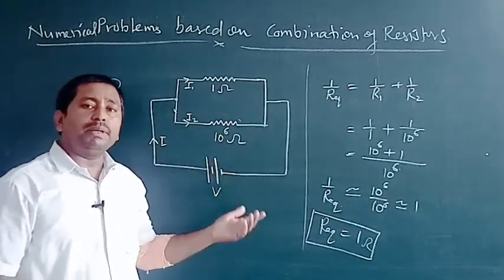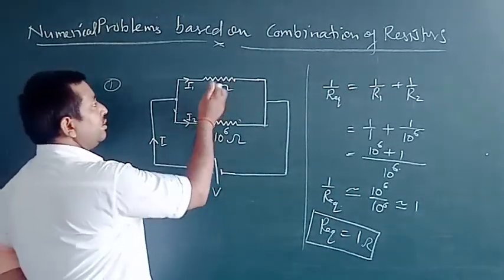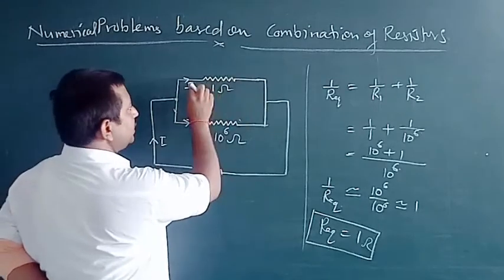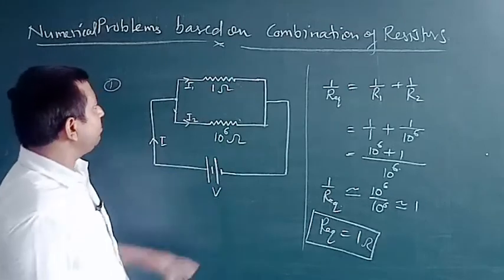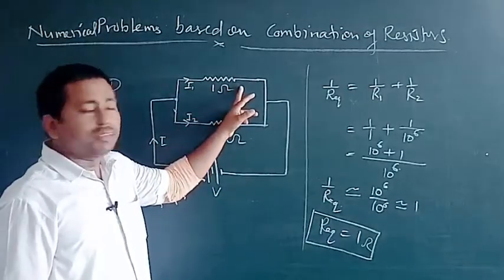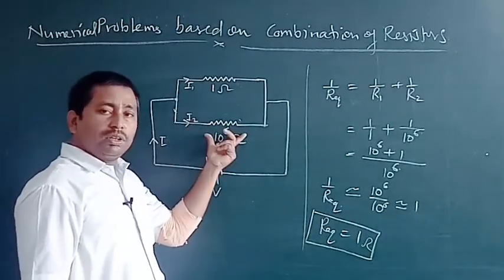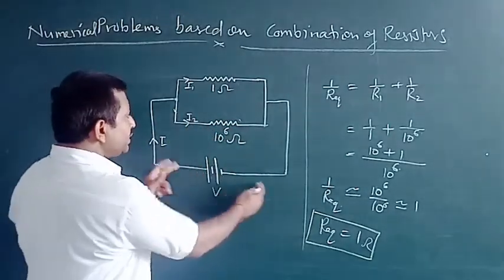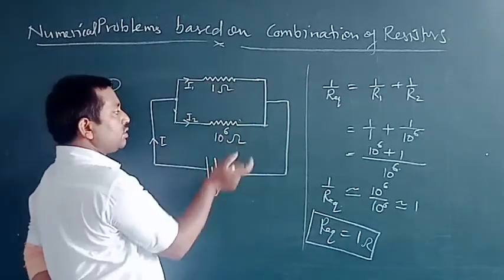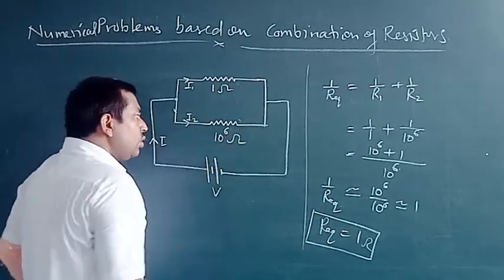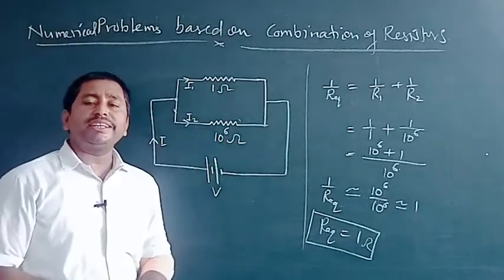So we get the value of the current, and further if we apply Ohm's law across this resistor, then the potential across this will be given by I1 into R1, and the potential across this is equal to I2 into R2. As we know that the battery is connected in parallel to all the resistors, the potential drop across this is equal to the potential drop across this. So the current flowing through each can be calculated easily.